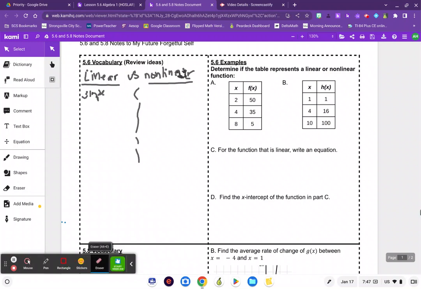I apologize. For some reason, right in this area here, my marker does not want to work. All right. Slope is the same between any 2 points.